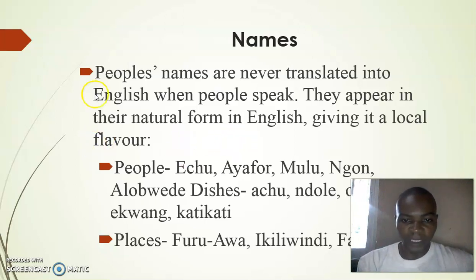So the next one is dishes. For dishes, we have Achu, Ndole, Okok, Ekpang, Kati Kati. These are just a few of the so many food items. I'm just giving an example of how the English language is influenced.